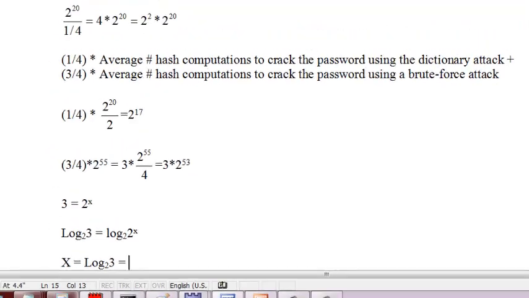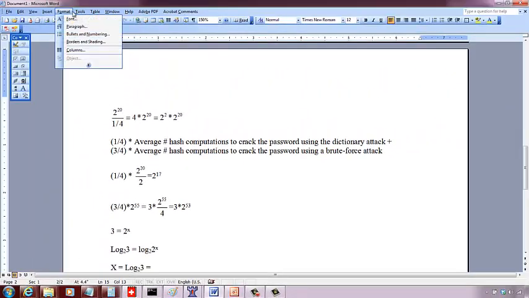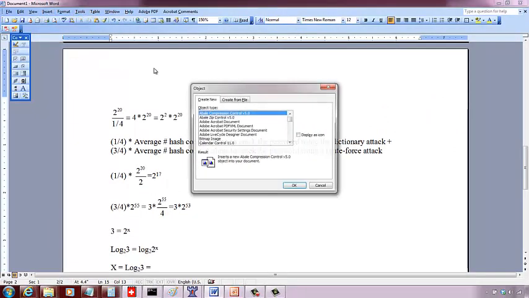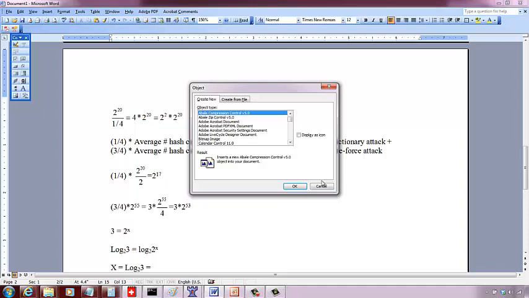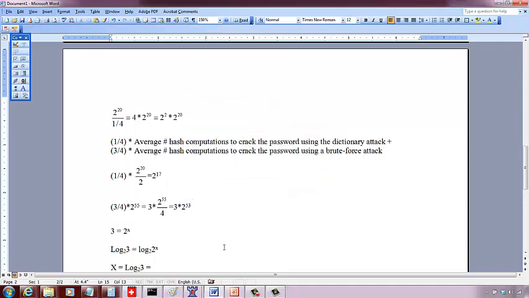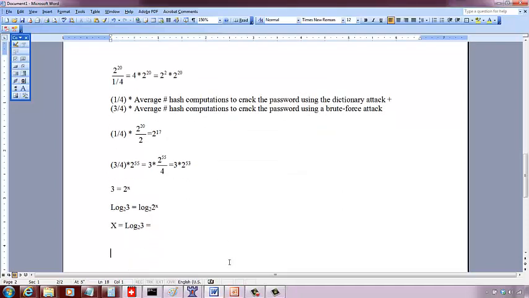and logarithm of anything to any base, so the formula is, let me give you a general formula.